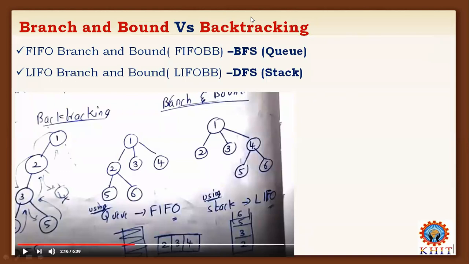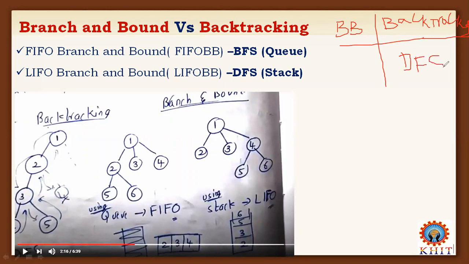Now let us consider the difference between BFS and DFS. We already discussed that in backtracking, a DFS, depth first search traversal is used for constructing the state space tree.